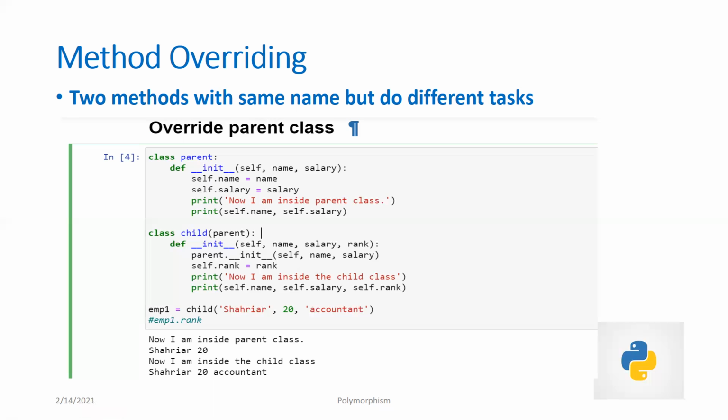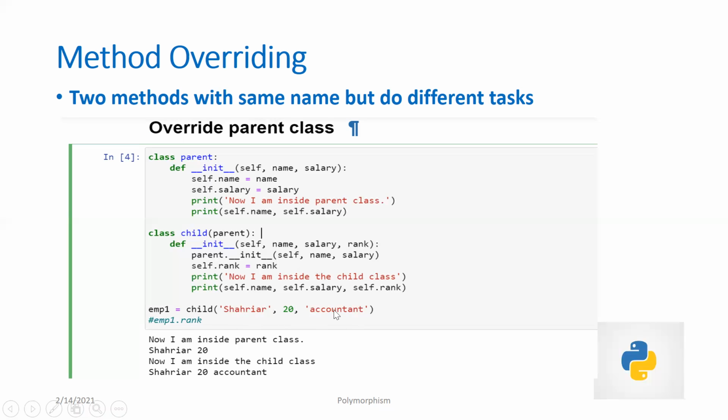When we created the output, we just tried to show the output. We created an object, employee one, under the child class, and we passed three arguments: name, salary, and rank.